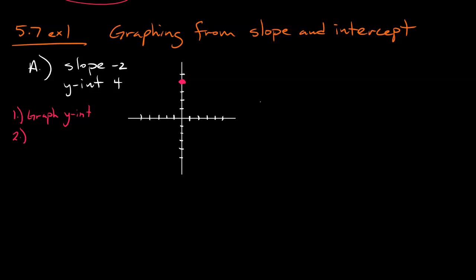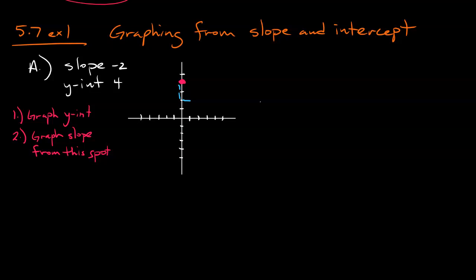The second step is to graph the slope from this point. So that means I'm going to start at my y-intercept, and a slope of -2 would be down 2 to the right 1.